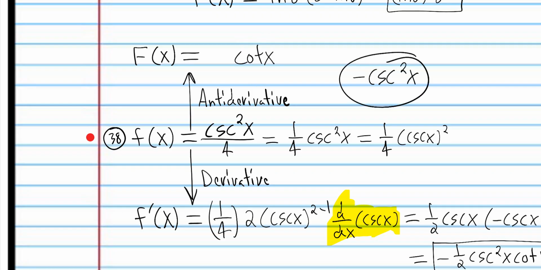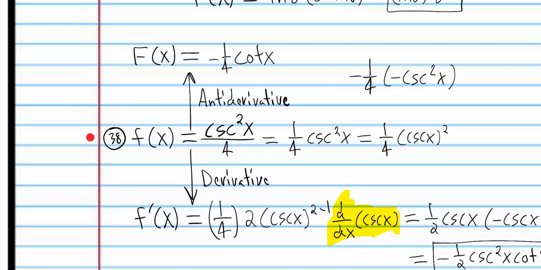We don't want a negative 1 in here, we want a positive 1/4. So we have to modify that by writing negative 1/4 there. Now, when we find the derivative, we use the constant multiple rule, multiply the constant by the derivative of the function, the negatives go away, and you're left with 1/4. That's what we want. So that is the antiderivative, and we have to add c.